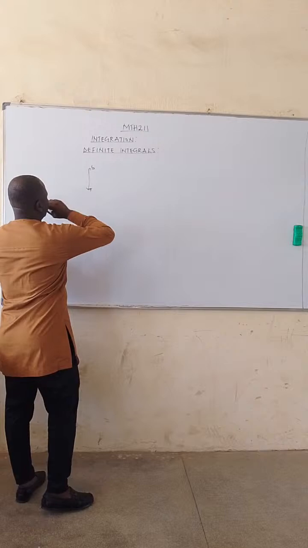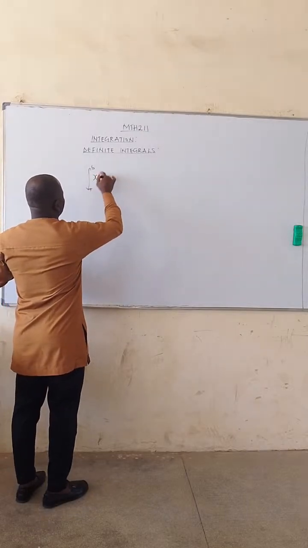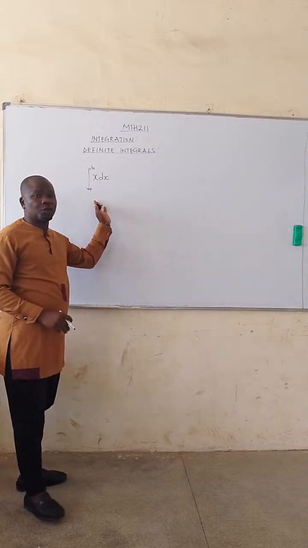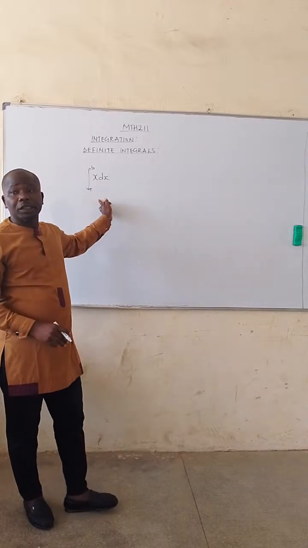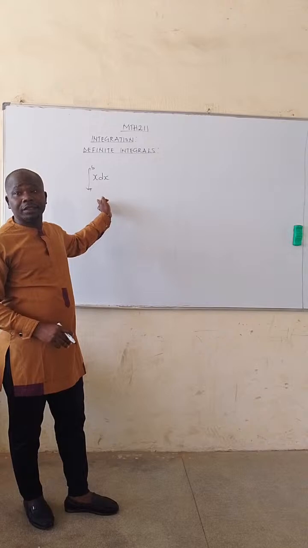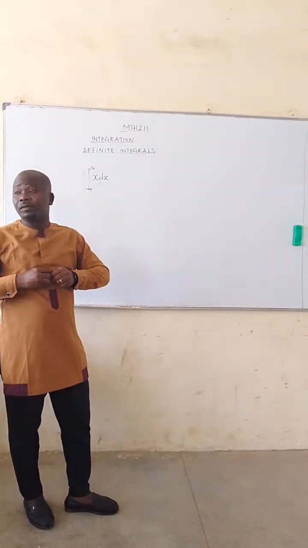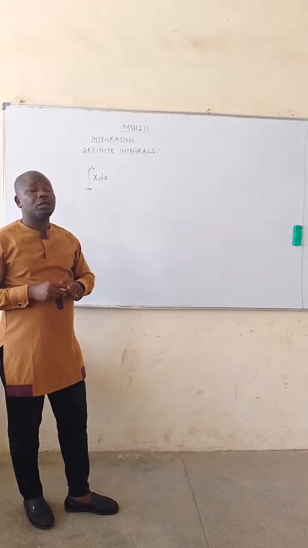So we know very well that definite integrals are of this form, the integral from a to b of x dx. I mentioned it to you in our last class that definite integrals are integrals you integrate to obtain values. Exactly.